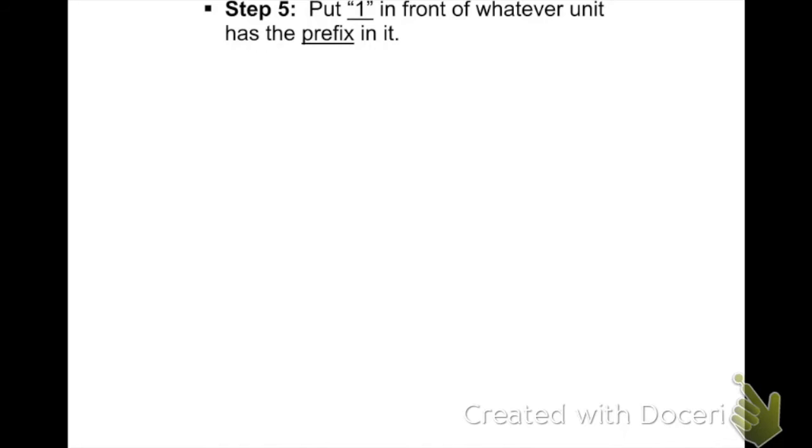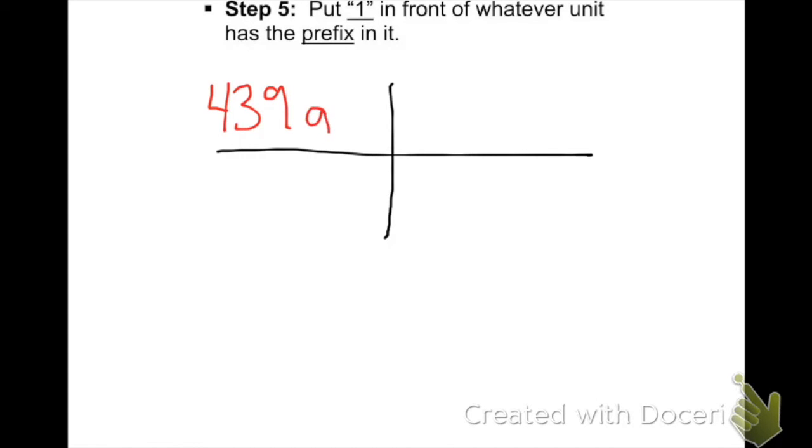Step 5, I tell you to put a 1 in front of the unit, whatever unit has the prefix in it. Well, it makes sense because that's in our conversion factor. 439 grams. We've got grams down here so they can cancel. Milligrams up top.